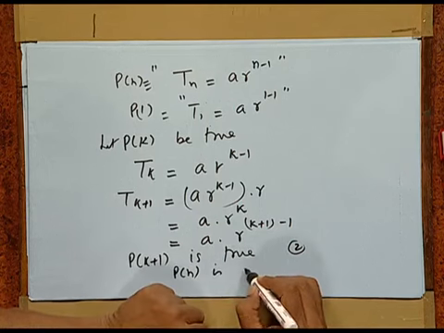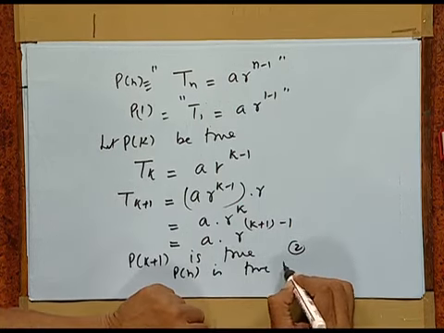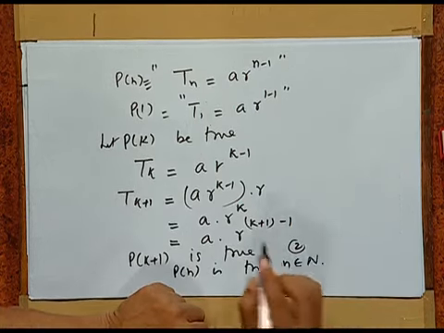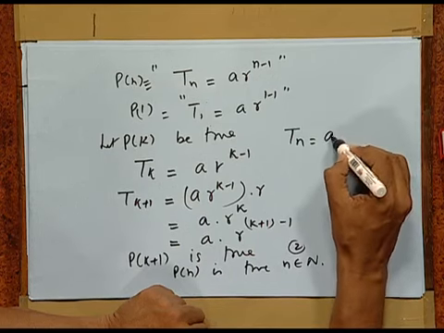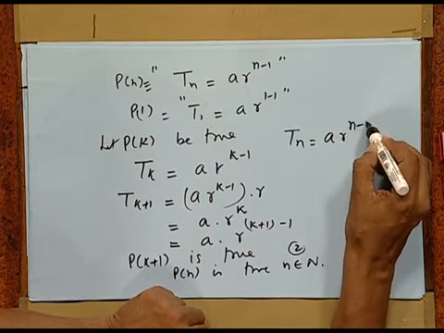So, the result is true for all n belonging to N. Thus, we have established the formula for the nth term, which is simply Tn is equal to A times R raised to power n minus 1.